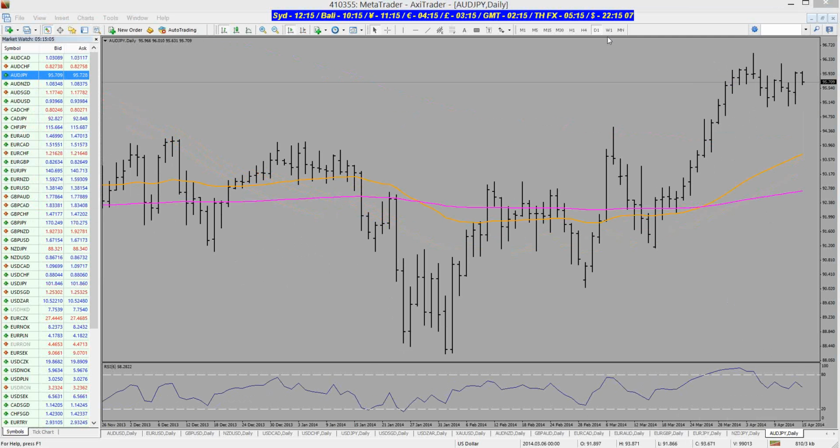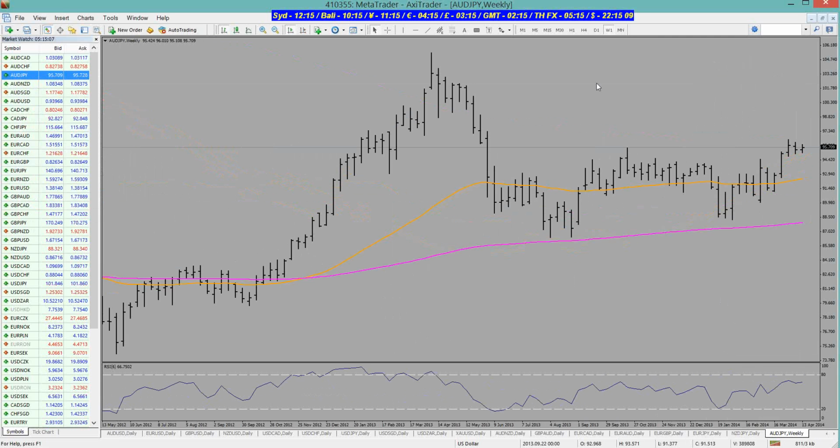I don't necessarily see this as range trading. When you look at it on the weekly, yeah, there is potential range trading, and it's sort of at the top end of it.